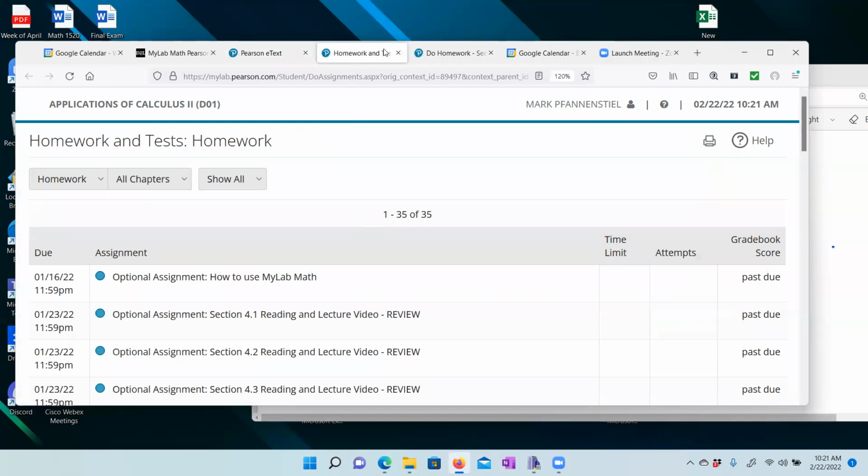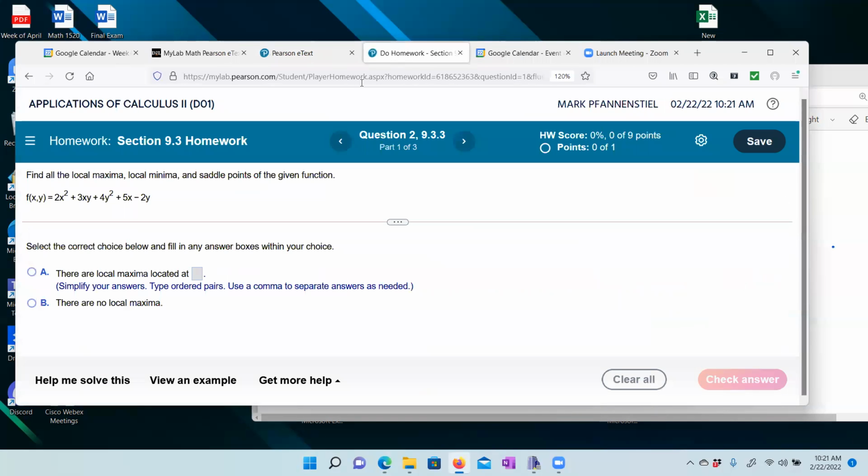My fingers are crossed, so I don't know. I'm just as likely, if not more likely, to find our local maximum or minimum.